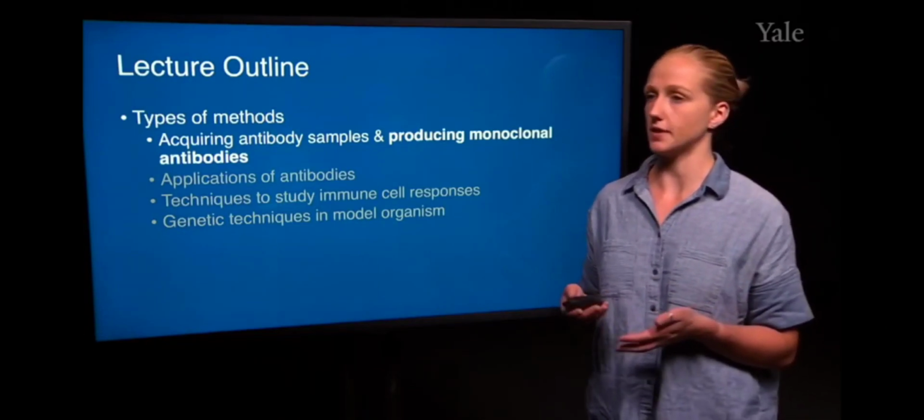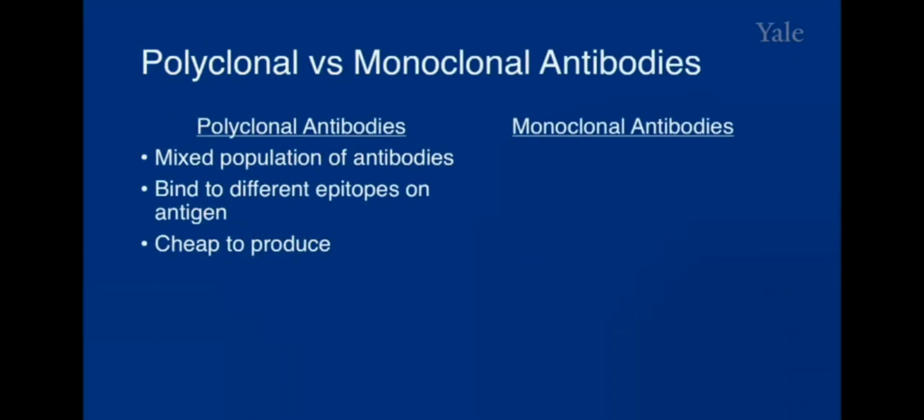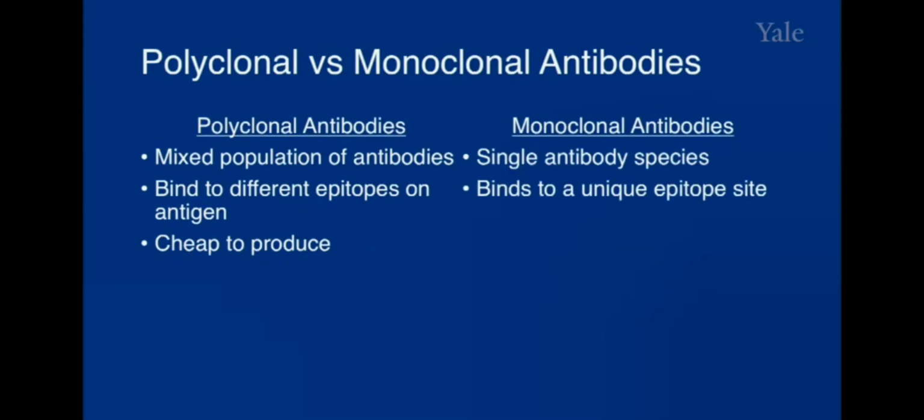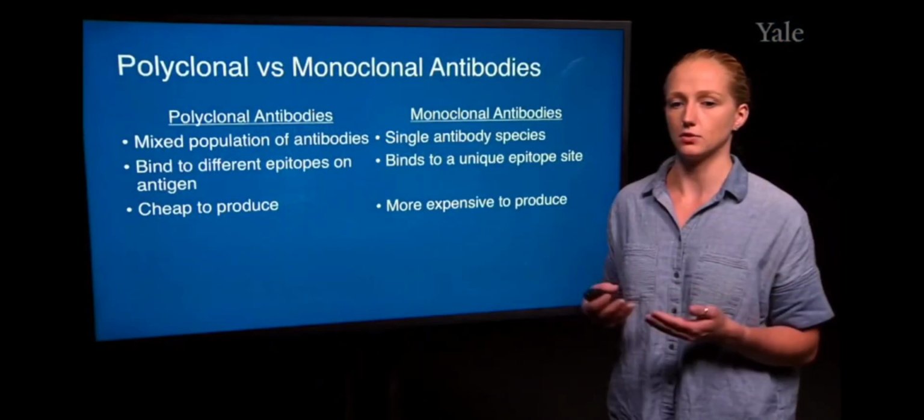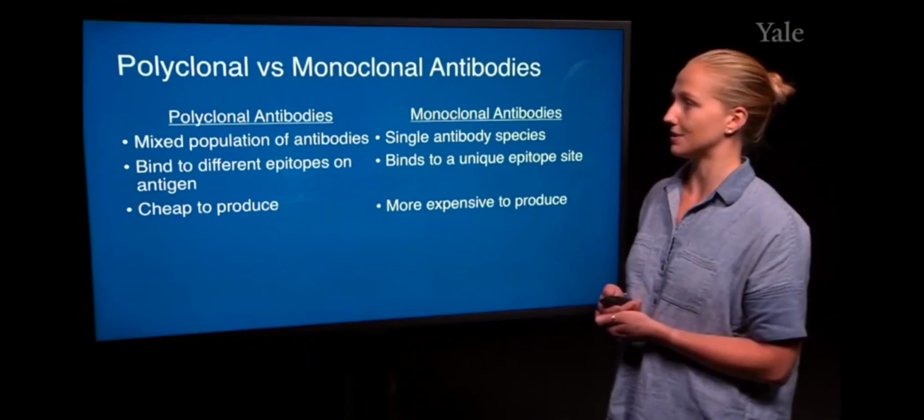Monoclonal antibodies, as the name implies, are one clone of an antibody. So this is a single antibody species such that it binds to only one unique epitope on the antigen. And it's more expensive to produce, and you'll see why in a few slides once we go over the techniques to make monoclonal antibodies.